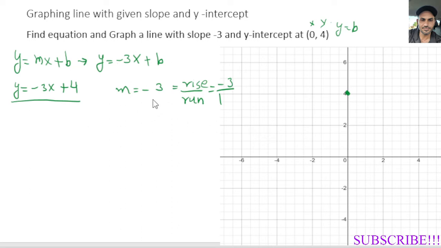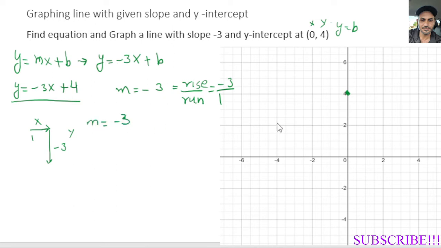So that's what -3 means. For every 1 unit in the x direction we move, our graph falls by 3 units in the y direction. So this is y, this is x. That's what m equals -3 means.